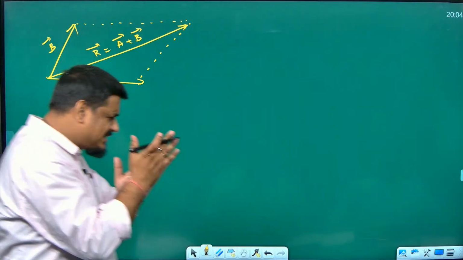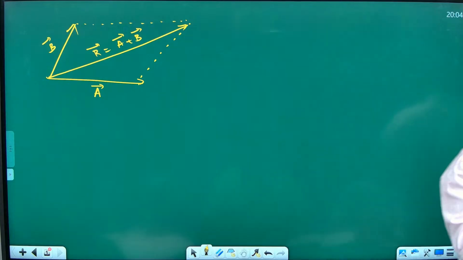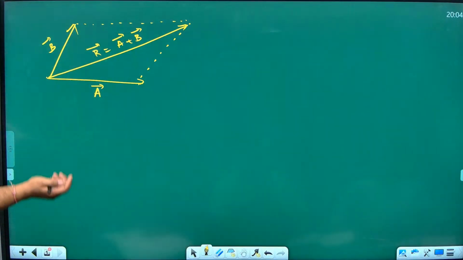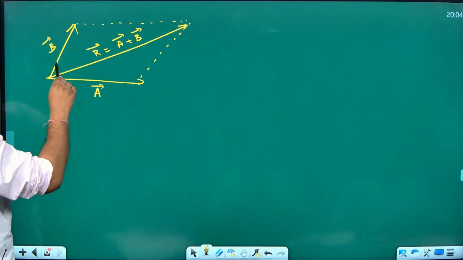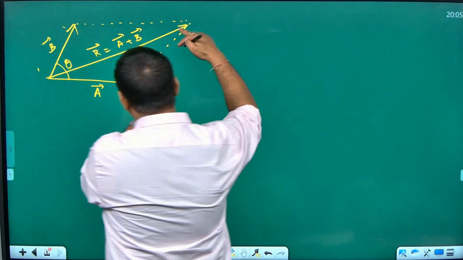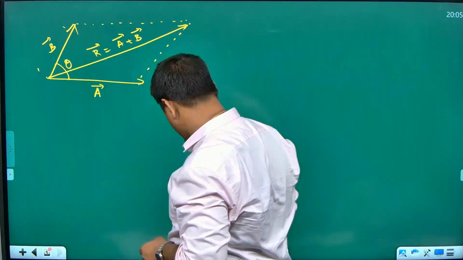Now please be alert, attentive, and understand the concept. I'll give time for writing. Theta is the angle between A and B, right? If this vector has a magnitude of B, don't you think that this should also have the same magnitude B?